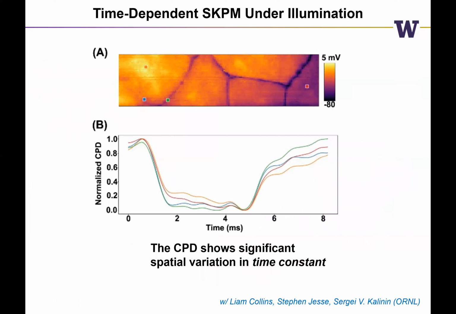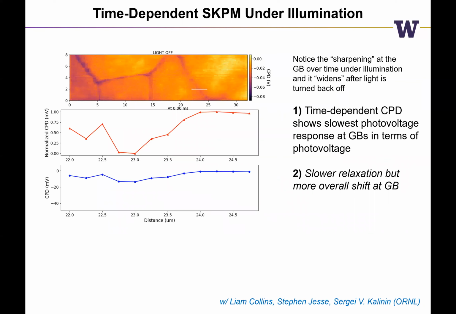One of the important things to note is that if we look at several traces all over the film at these locations marked at the top, you can notice in the graph at the bottom that there's a different time constant associated with each of these different spots on the film. The blue and the green tend to be relatively fast as compared to the red and the orange spots, where it's somewhat slower to evolve. So this implies that the contact potential has significant spatial variation in its time constant.